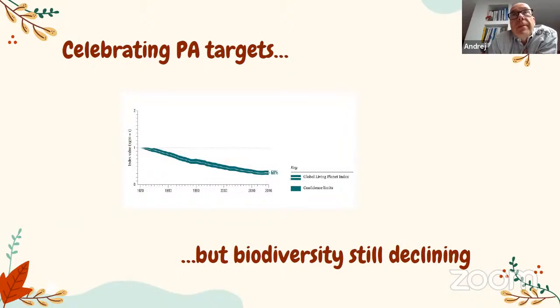For two reasons. The first one is that, of course, not all biodiversity is placed inside the protected areas. We said we have only 17% of the land in protected areas. So for sure, biodiversity is located outside protected areas.